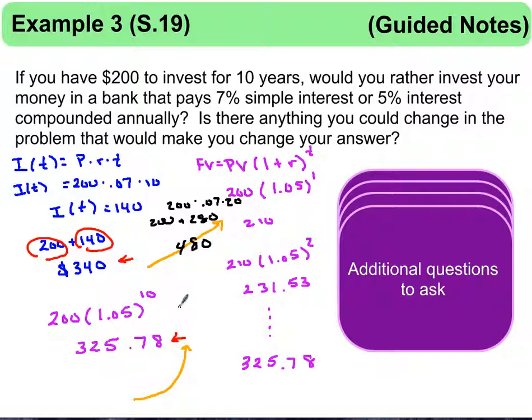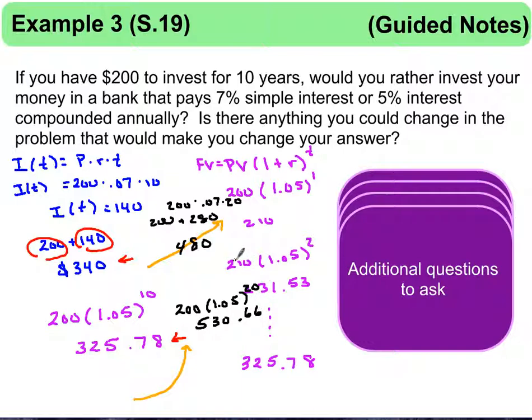Now, if I change this one out, 200 times the 1.05 raised to the 20th power, 20 years into the future, I'm going to end up with $530.66.